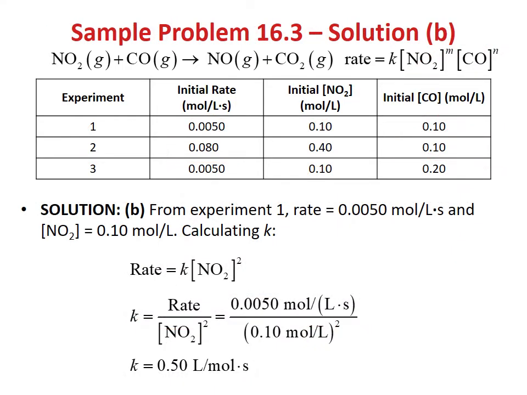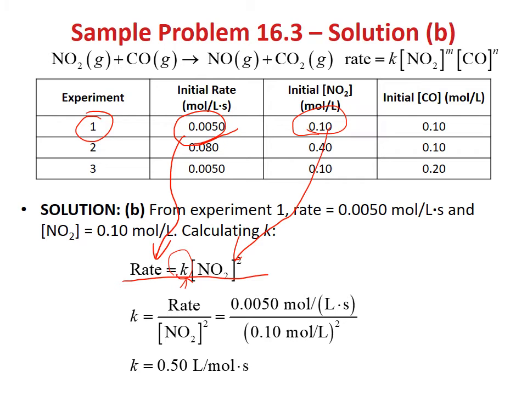From part A, we already found that the reaction rate law is k times NO2 to the second power. If you choose any of these 3 experiments, for example experiment 1, we know the concentration of NO2 in this equation, and we know the reaction rate on the left side, so we can calculate k.